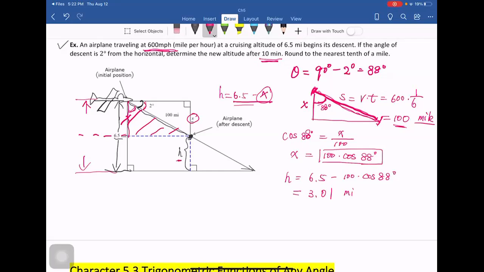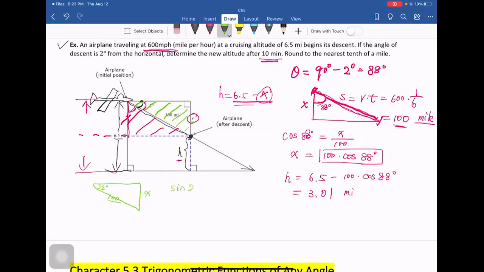Some students ask me, can I find my x from this triangle? Yes, of course. You can also use the sine. If I'm looking for x in this triangle, and I know this is 2 degrees, and we already found that this is 100 miles because it traveled for 10 minutes, we can use sine.